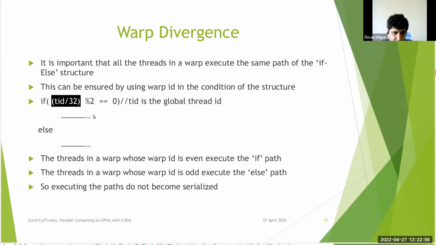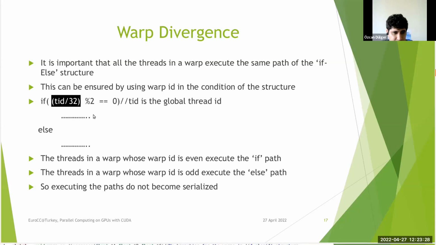Now we are using warp ID in the condition, with modulo 2. So the threads in a warp whose warp ID is even execute the if path.